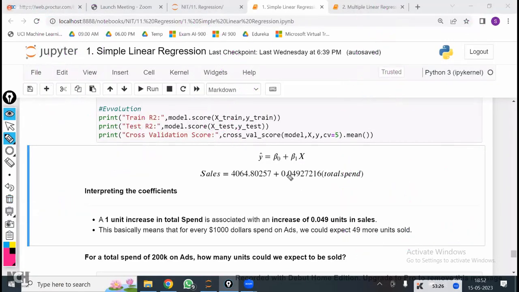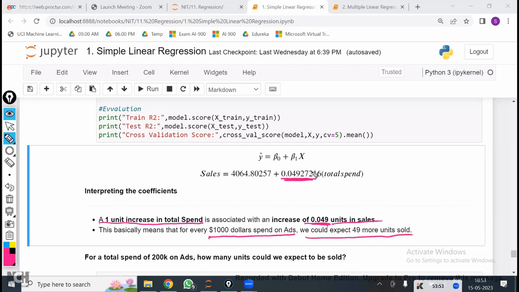Now I have got the beta 1 value equal to 0.0472. Now for every unit increase in the total spend, how much will be the increase in the sales? It is going to increase 0.049 units in the sales. Means for every $1,000 you add in ads spend, we can expect 49 more units to be sold.